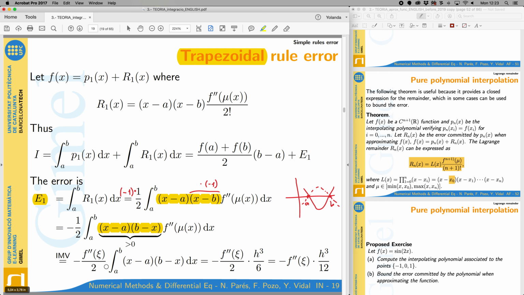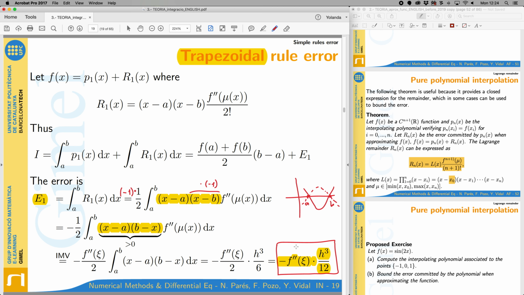Now, the good thing is that I can compute this integral. That's very simple. It's a polynomial. I compute the integral, and I get this. So if you like boxing things, this is what we need to box. This is the formula that we obtain to express the integration error for the trapezoidal rule.